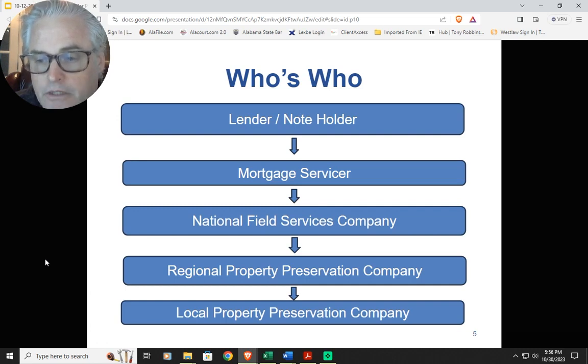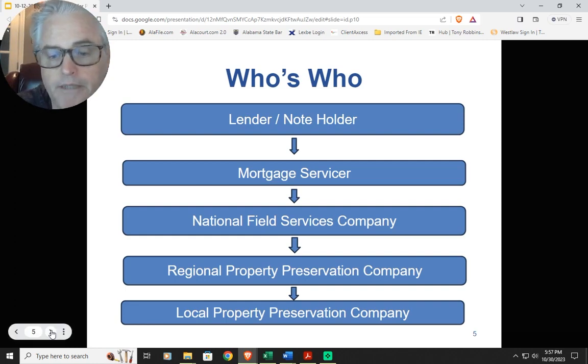Then that national company has a regional property preservation company, which may only deal with one state or could deal with a couple of states, depending on the volume of work. And then the regionals are responsible for hiring people who actually go out onto the property and do the work. That's your local property preservation company.